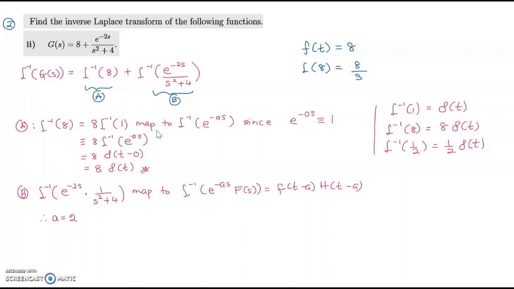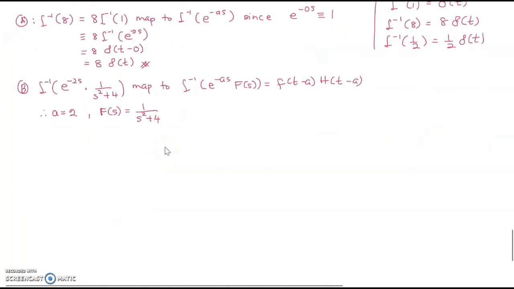So a equals 2, then the function after that is our Fs. So Fs is 1 over s squared plus 4. Find the inverse of Fs so that we get ft. So ft is the inverse of Fs, which is 1 over s squared plus 4.